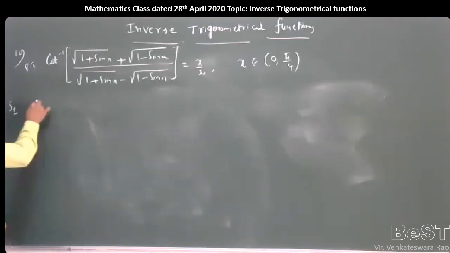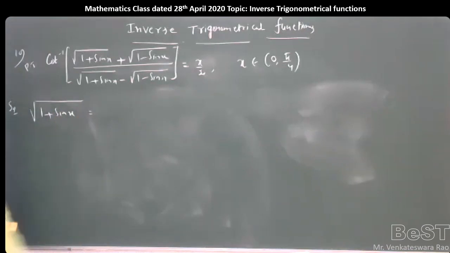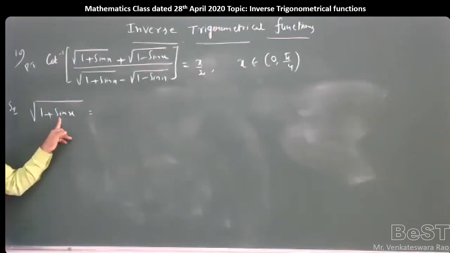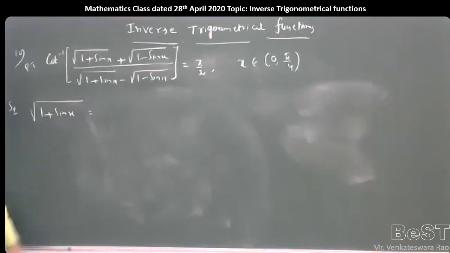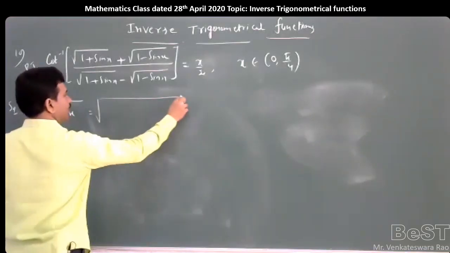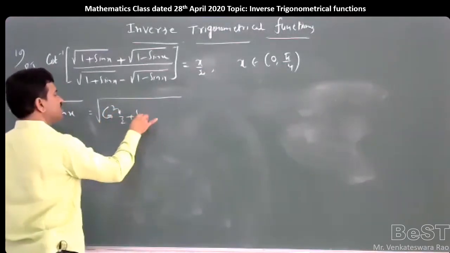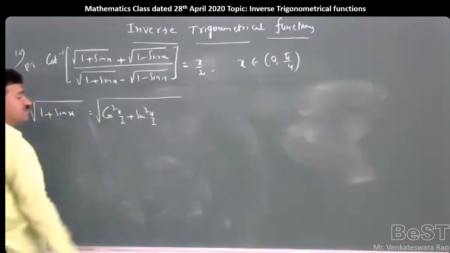Square root of 1 plus sin x. How to simplify this one? See this one. Sin x can be written as 2 sin x by 2 cos x by 2. So in place of 1, better to write cos square x by 2 plus sin square x by 2, which is 1.